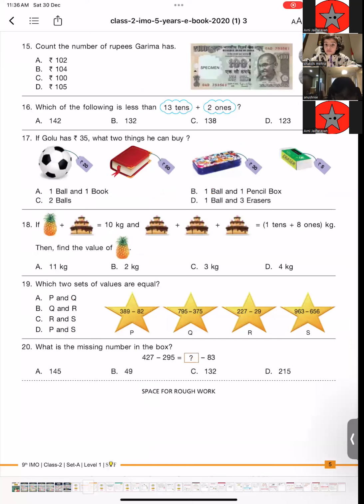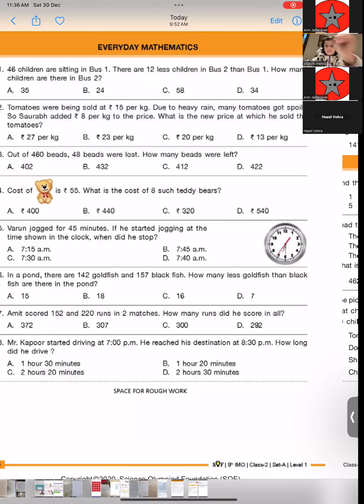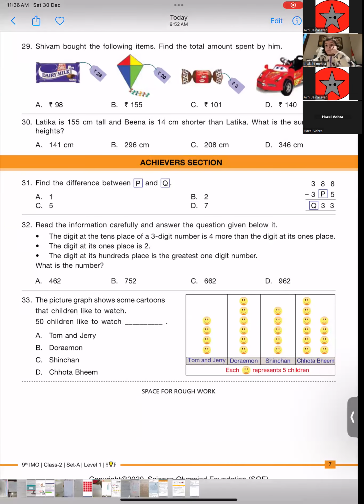So it's 132 here, right? And then I will add 83 to it. So even without solving, we can give the answer, right?